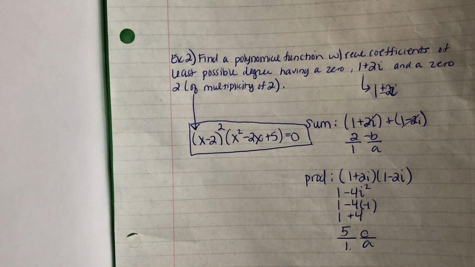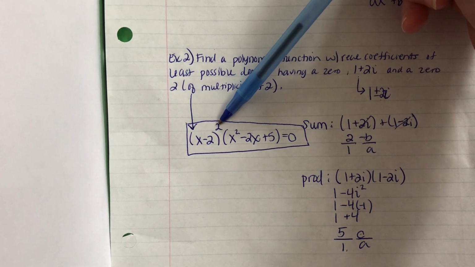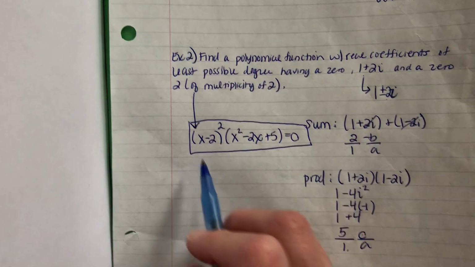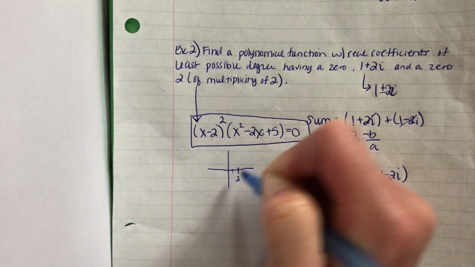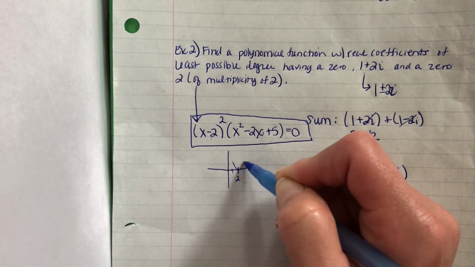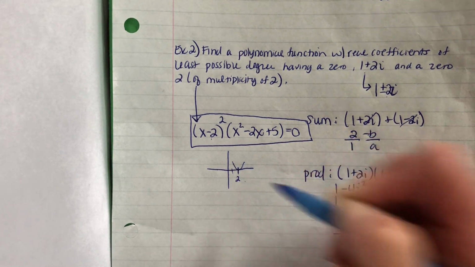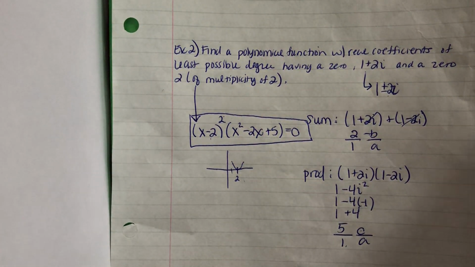One little thing I wanted to just remind you of is, remember, if the multiplicity is even like this, you would see that the root of 2, so where it crosses the x-axis at 2, it will bounce off like that. It won't go through the 2. When the multiplicity is even, it'll bounce off, not go through.